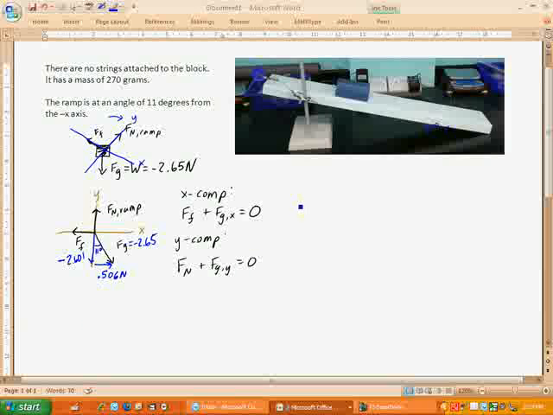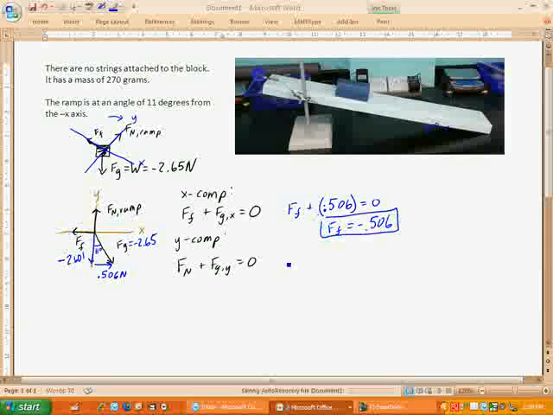The force of friction, I still don't know what it is officially, but I do know that it has to balance out this 0.506, which is the force of gravity in the x direction, right? So I subtract 0.506 from each side, and the force of friction equals negative 0.506. And it makes sense that it's negative because it's going in the left direction, right?